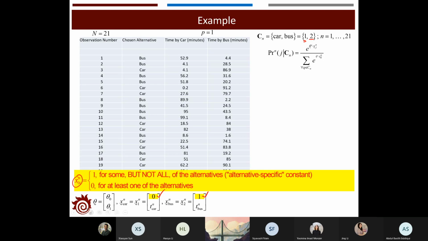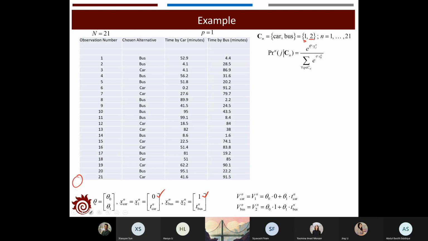And now we will have the two formulas. For the utility of the car, V1 equals the deterministic utility, that is V1 equals theta 0 times x0. For the car x0 is 0, so we can remove this component. So V1n is just theta 1 times t_car.